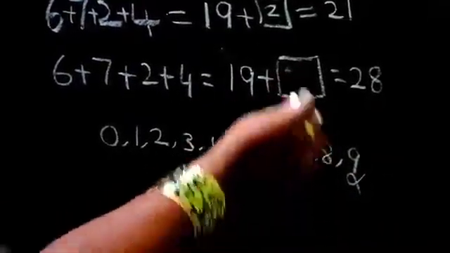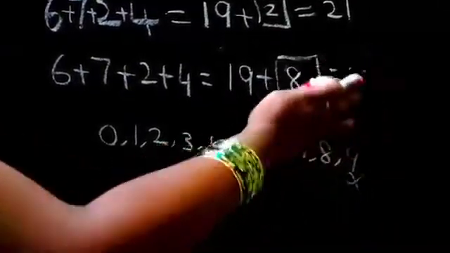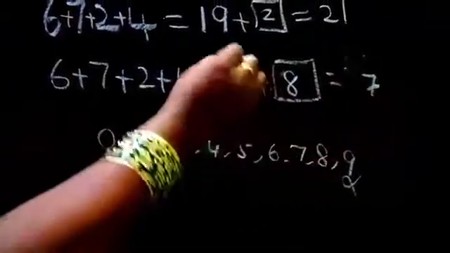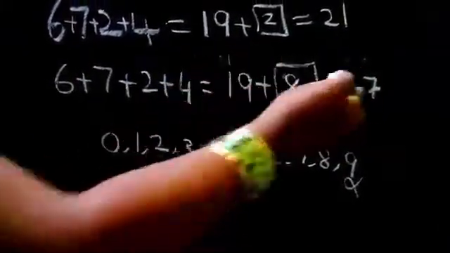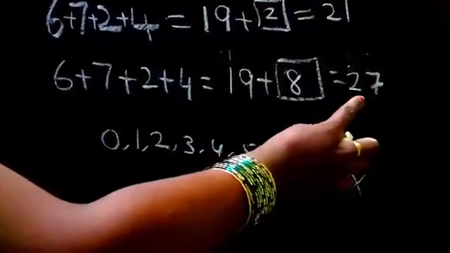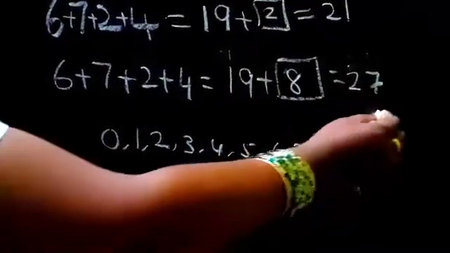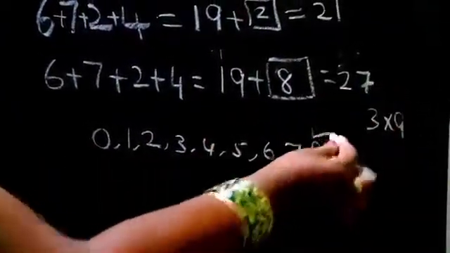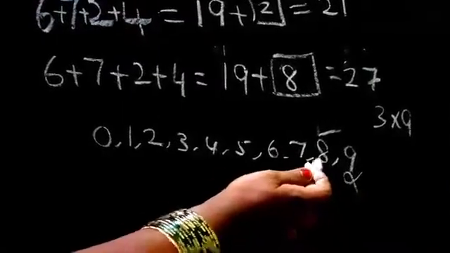Now we will try 8. 9 plus 8 is 17, remaining 1, 1 plus 1 is 2. Therefore, 27 we got. 27 can divide by the third table. 3 9s are 27. So 8 is the greatest number in this place.